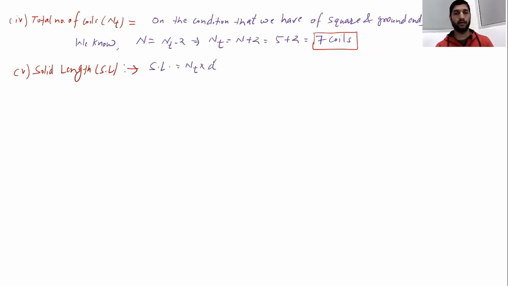When we are applying a force on a spring in such a way that one coil is touching another coil, or all the adjacent coils are touching each other, and further compression is not possible after that, that is called your solid length. You are measuring the length of the spring along the axis of the spring when the spring coils are touching each other. That is called your solid length. And total number of coils are 7 multiplied by wire diameter, that is 11. So after that you can say that 77 mm is the solid length.